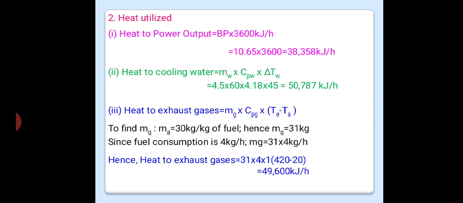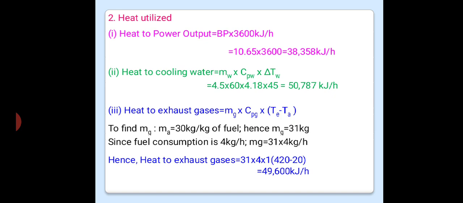Brake power we have calculated, it is 10.65, so we substitute 10.65 into 3600. So we got the heat to the power output, it is 38,358 kilojoule per hour.